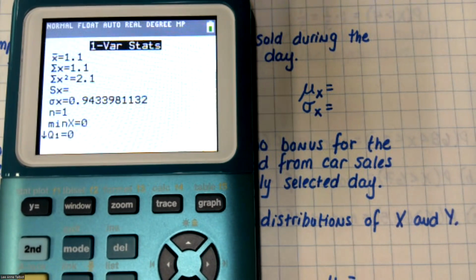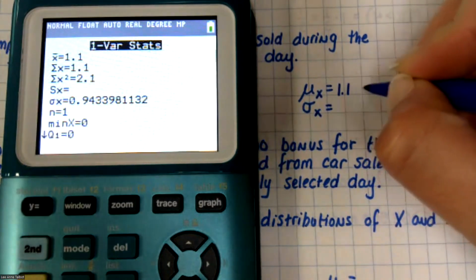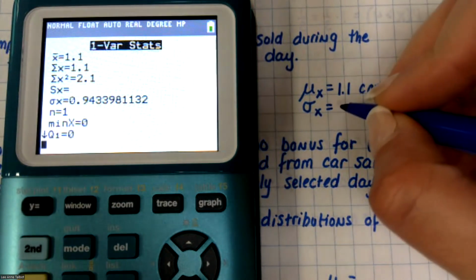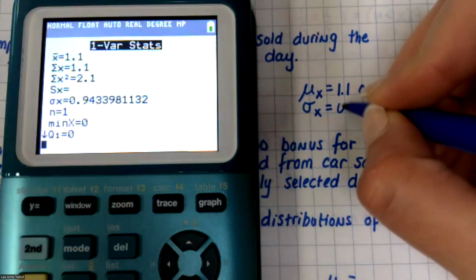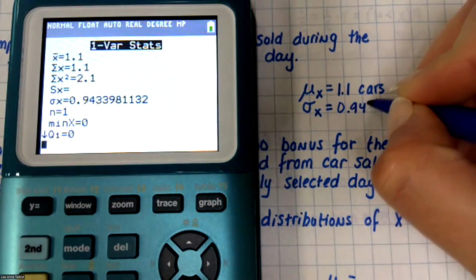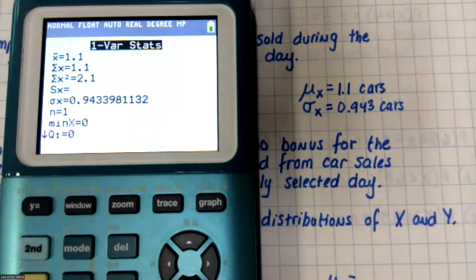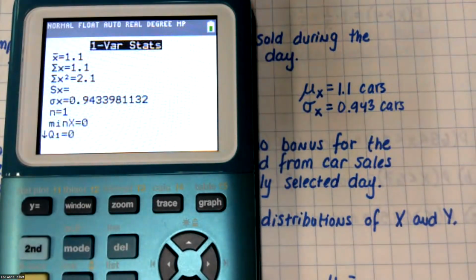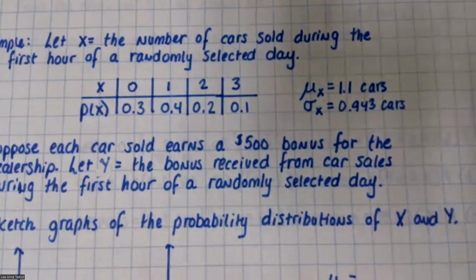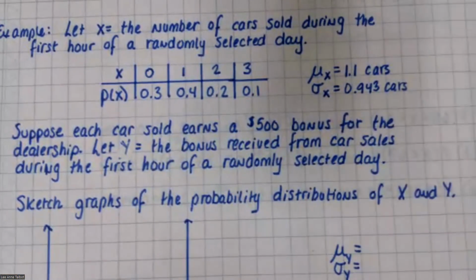Okay, and hit calculate, and you should get a mean of 1.1 cars and a standard deviation of 0.943 cars. Any questions about that process?